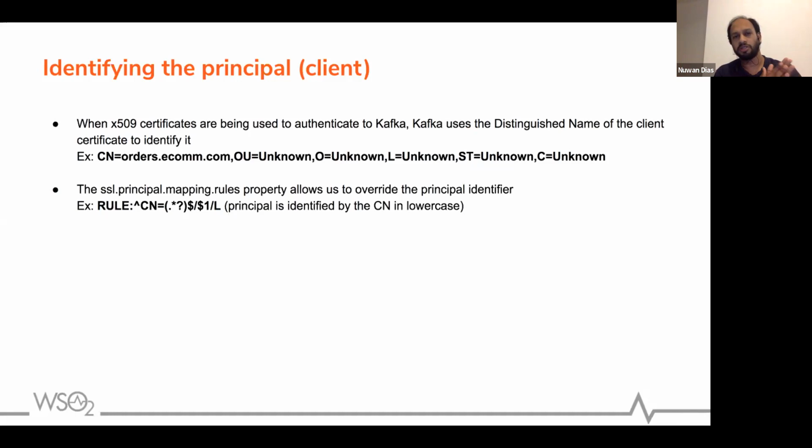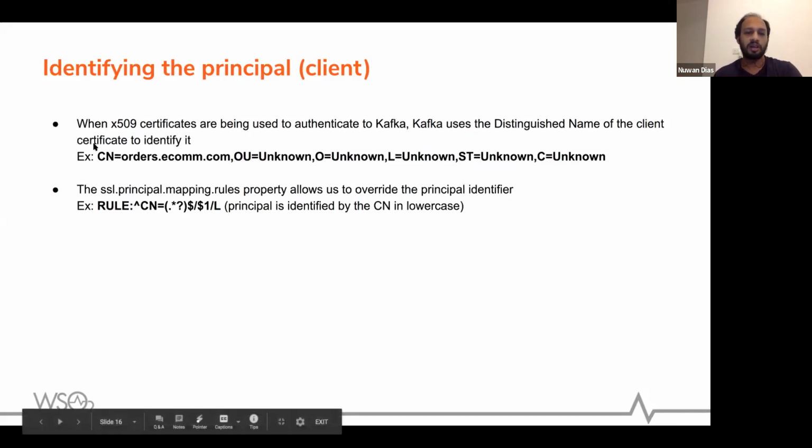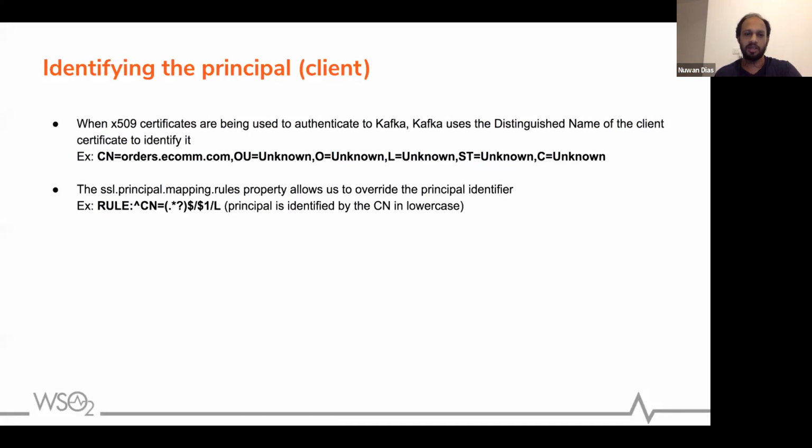So how does Kafka identify the specific user? In the previous example that I showed, we used certificates, or mutual TLS, for authentication purposes. So when using X509 certificates for this, Kafka identifies the user using the distinguished name of the client.